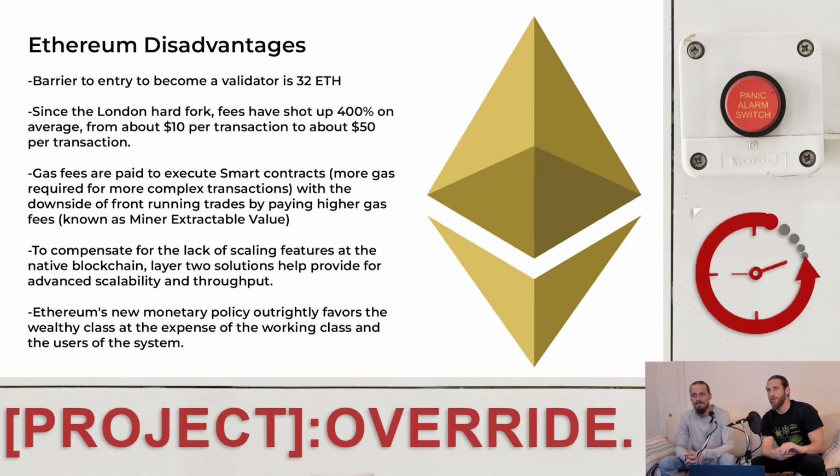Mm-hmm. As Ethereum shifts over to Ethereum 2.0, the 400% increase, of course, this is when Ethereum was up at $4,000 per Ethereum. But again, when we compare it to an e-transfer, it just doesn't make economic sense to the everyday person. And then as I said before, getting front-run, the MEV bots, miner extractable value.